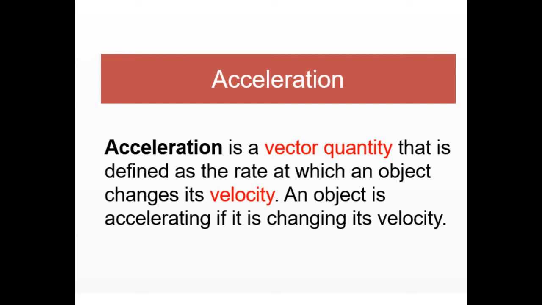Acceleration has to do with changing how fast an object is moving. If an object is not changing its velocity, then the object is not accelerating. Anytime an object's velocity is changing, the object is said to be accelerating. It has an acceleration.